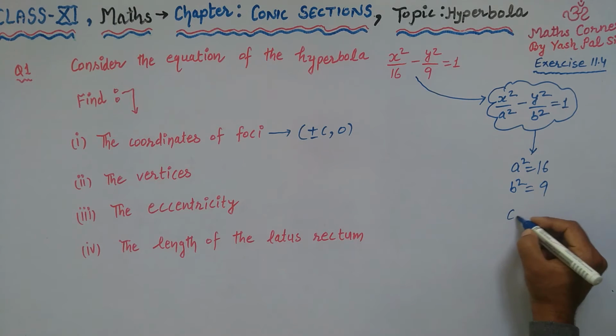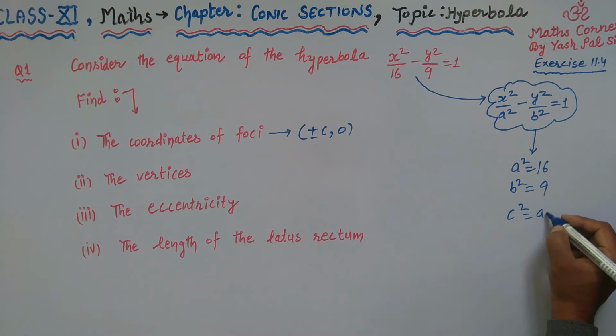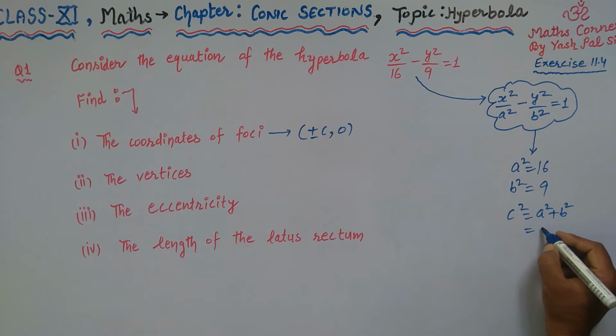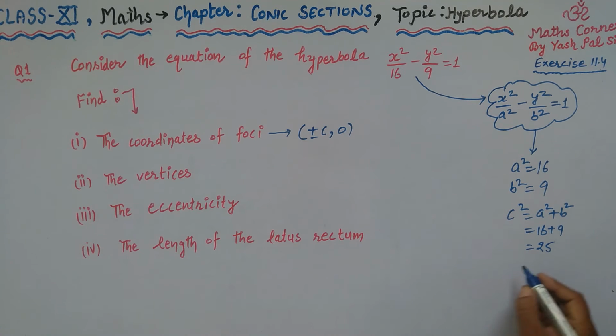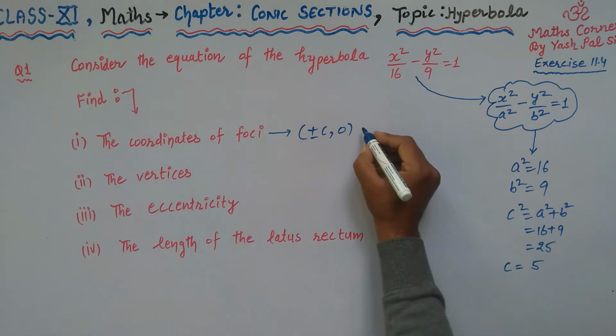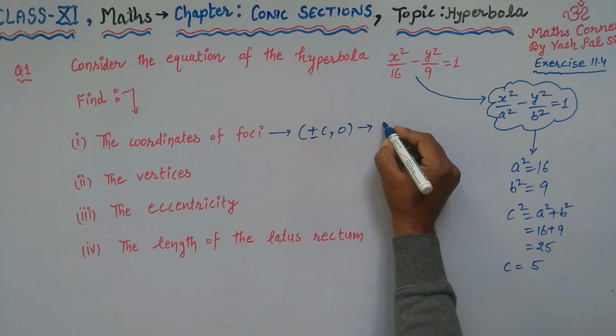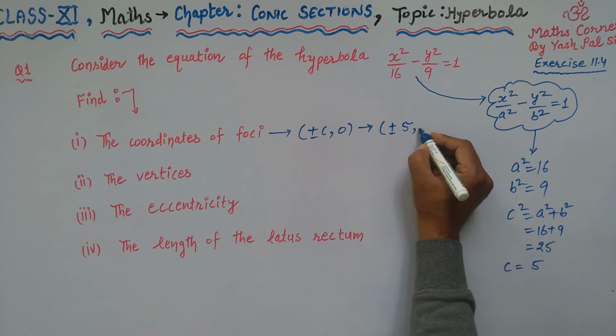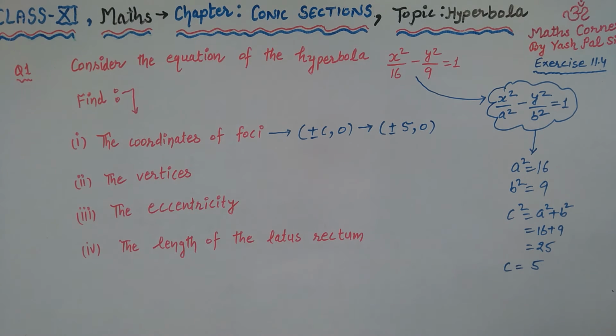So we can find c square is equal to a square plus b square, that is 16 plus 9 is equal to 25. Okay, so what is c? c is equal to 5. So what are the foci? The coordinates of foci becomes plus minus 5 comma 0.